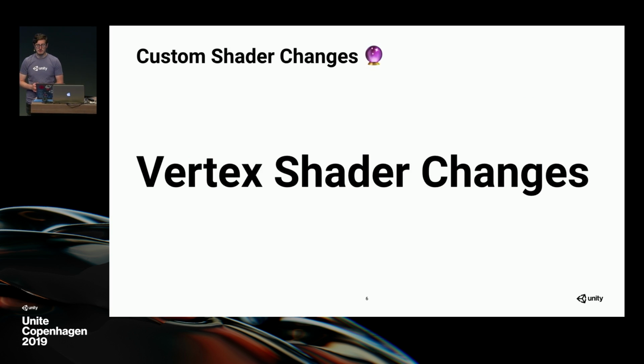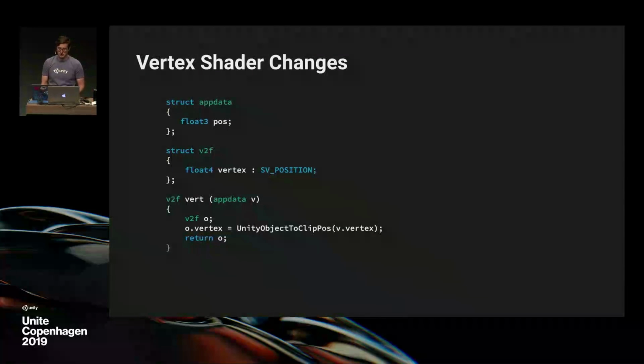Now I just want to briefly go over some of the shader changes that you need to make in order to start taking advantage of these stereo rendering methods. And this will basically enable any custom shader that you write to be instanced or double wide. So here we just have our normal Vertex shader.